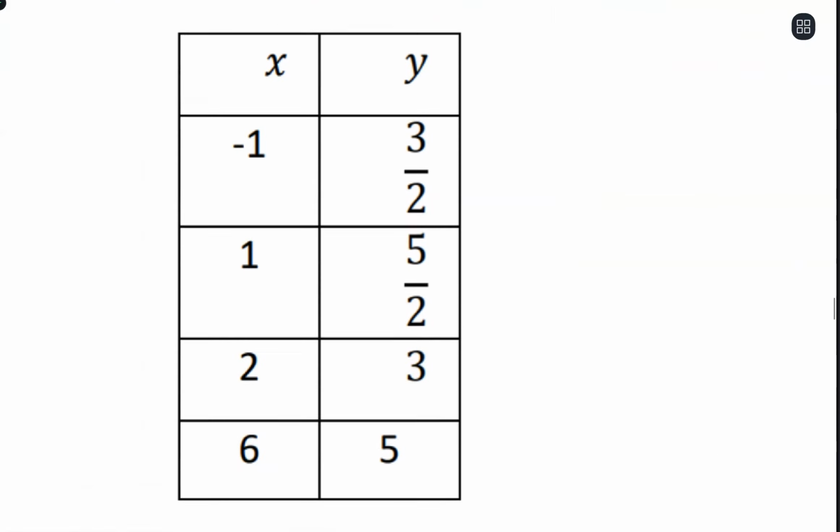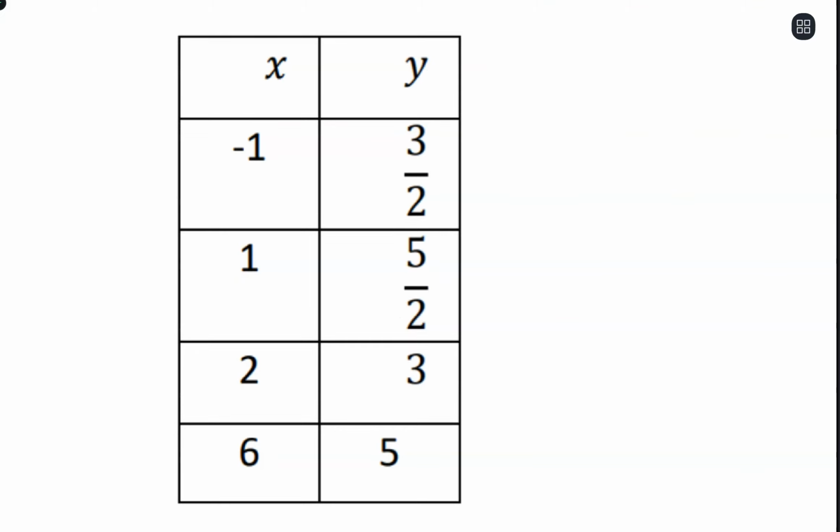All right, two more here. So we have a table with -1, 1, 2, and 6 for x, and 3 halves, 5 halves, 3, and 5 for y. So let's see how x is changing. x goes from -1 to 1, so that's adding 2. Then we go 1 to 2, and that's adding 1. And then we go 2 to 6, and we're adding 4.